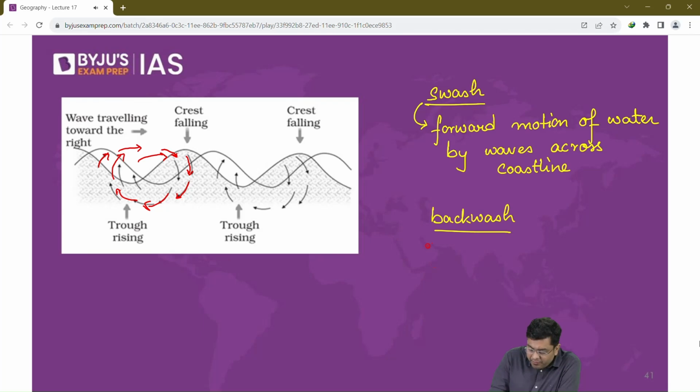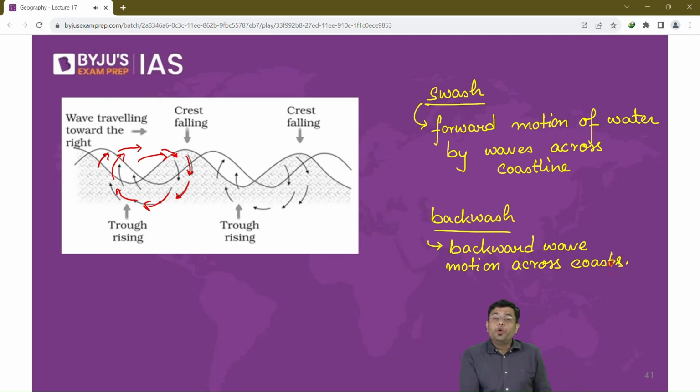And then backwash: backward wave motion across coastline.